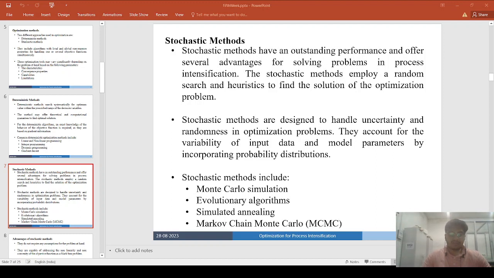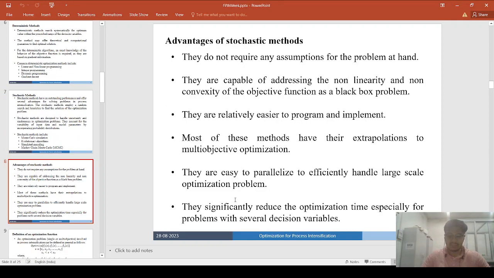We will be discussing each of these stochastic methods, but let us first discuss the advantages of the stochastic methods, because we have said that stochastic methods have an advantage over the deterministic methods, though that is not always the case. The advantages of those stochastic methods include that they do not require any assumptions for the problem at hand.